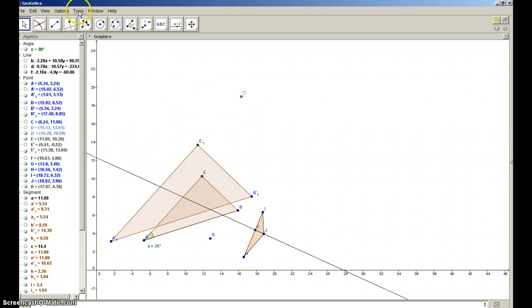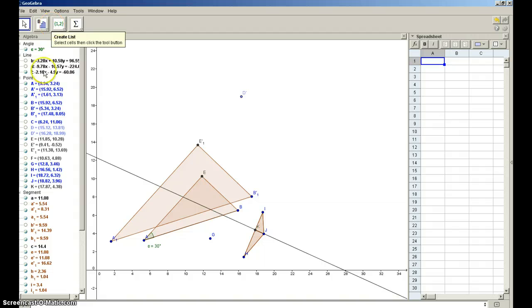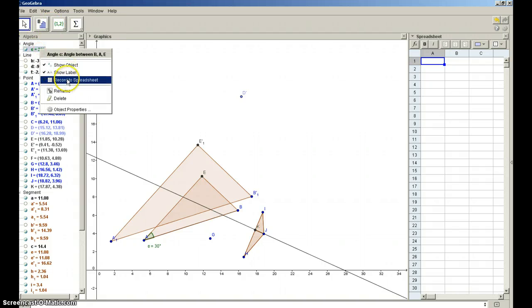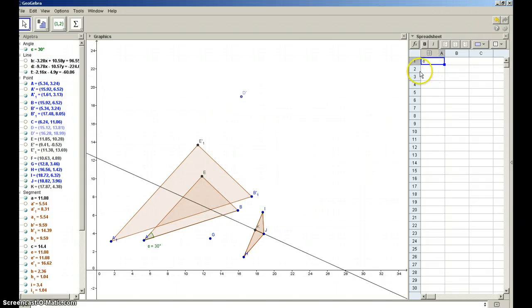30-degree angle. And now I'm going to enter in a spreadsheet, and we're going to record there that angle. So I'm going to keep that angle and record it into my spreadsheet. So always that angle is going to be there. Now we're going to also record these side lengths. So we have side AE, which was called segment B. So if I come down here, this is the length.